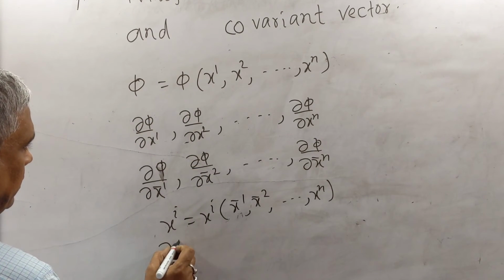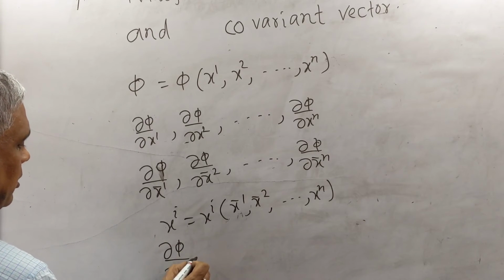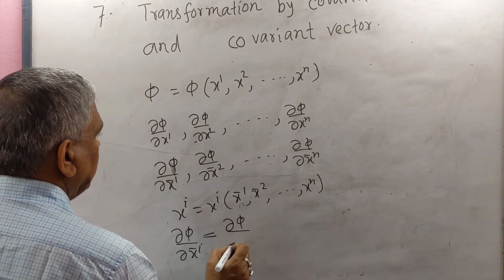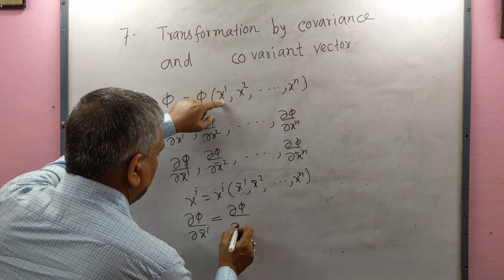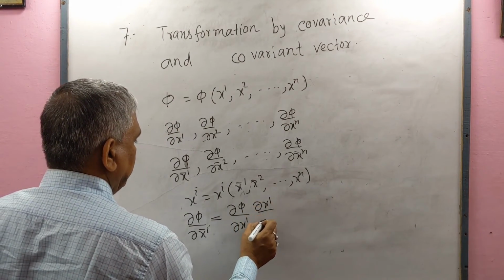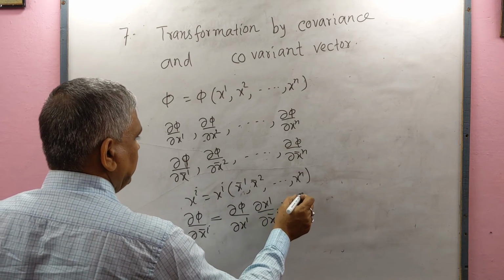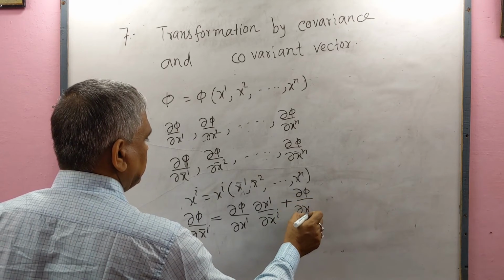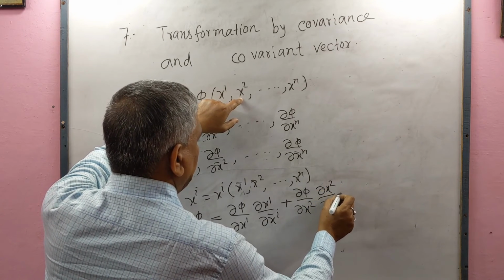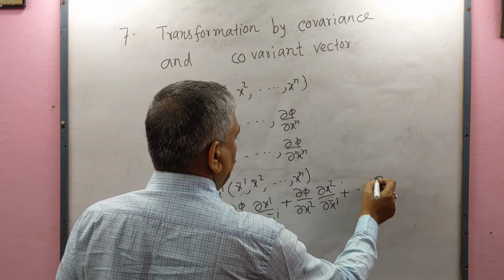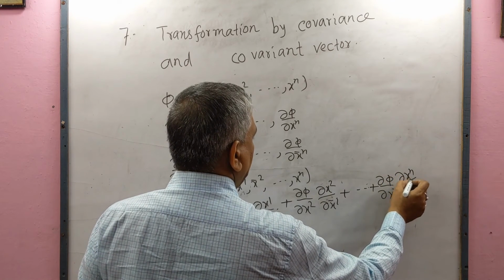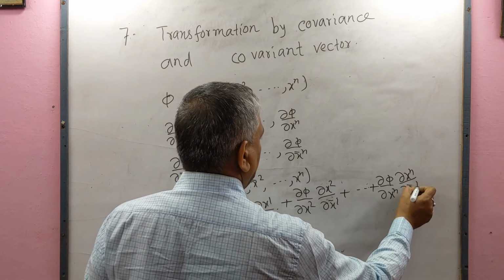We may find del phi by del x bar i equal to del phi by del x1 into del x1 by del x bar i plus del phi by del x2 into del x2 by del x bar i plus del phi by del xn into del xn by del x bar i.